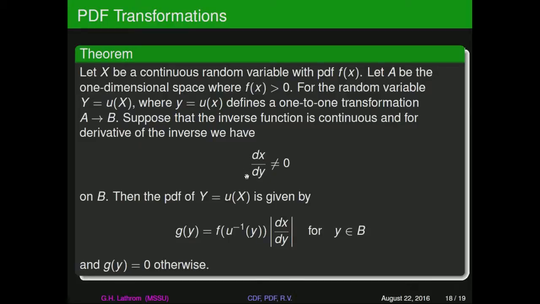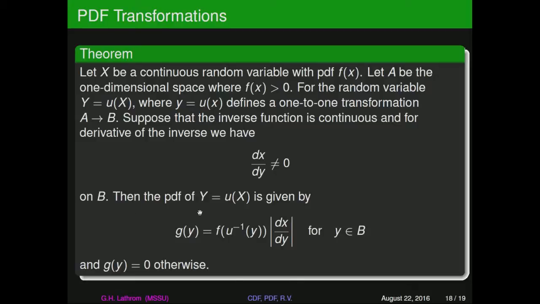Here we've got this written as y as a function of x, so dx/dy is going to be the derivative of the inverse function. We want that derivative to be non-zero on that image.